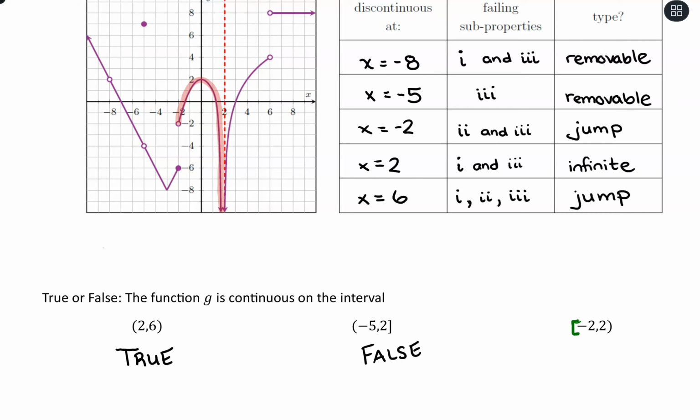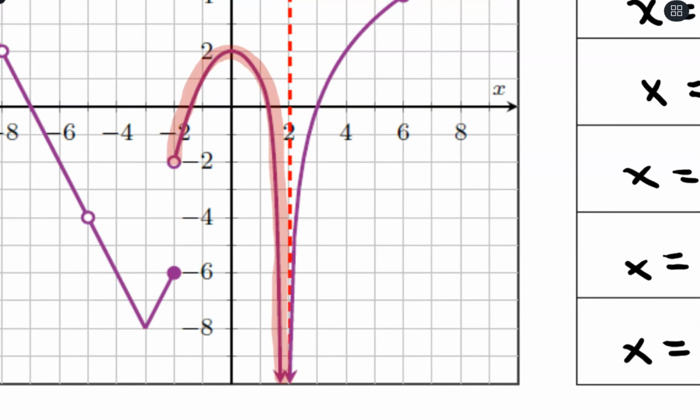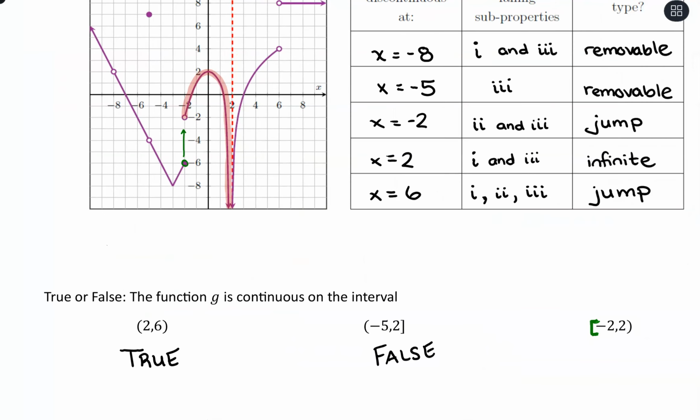So when x equals -2, we're actually down here. So right at the beginning of this, we have a jump. So even though it looks like it's continuous because of the bracket that was used, and it's saying that we're including the -2, this is going to be false. There's some ways of evaluating continuity, and we'll do even more in the next video.